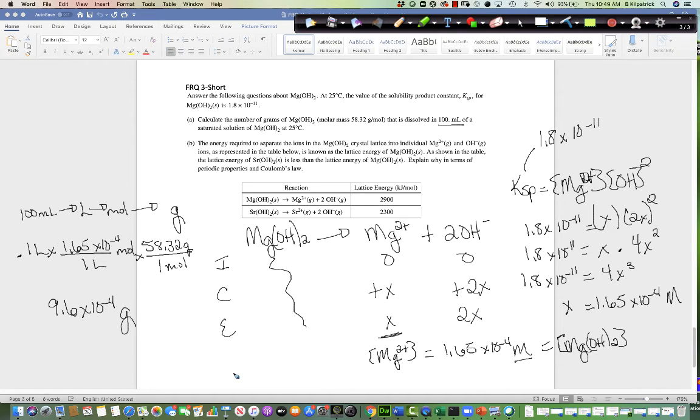Let's say that you gave the correct answer and you showed work, you're going to get 2 points for that. Now let's say that you don't get the correct answer, but you did calculate this part correctly, then you would get the point. So 2 points automatically for calculating this and showing your work, and if you don't get this, then you get 1 point for just calculating the molarity, or the molar solubility, essentially.